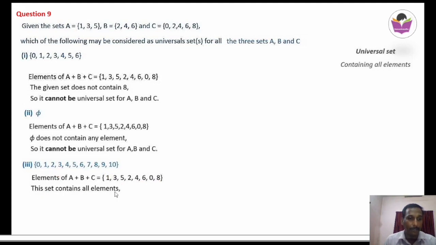This set contains all the elements. You can see 1 is there, 2 is there, 3 is there, 5 is there, 6 is there, 0 is there, 8 is there. All these elements are here, and other than these, additional elements are also included. The given set contains all the elements of A, B and C, so it can be a universal set of A, B and C.